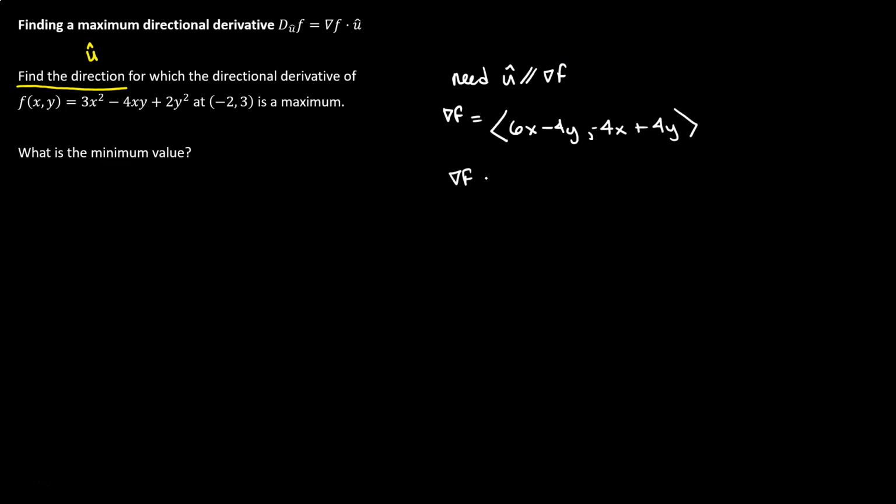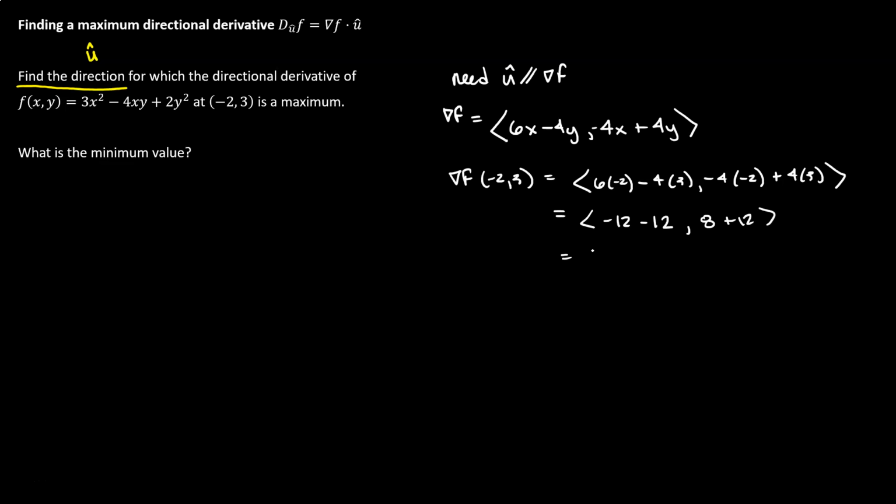We need to find that gradient vector at the point -2, 3. Simplify that down. I get the vector -24, 20.